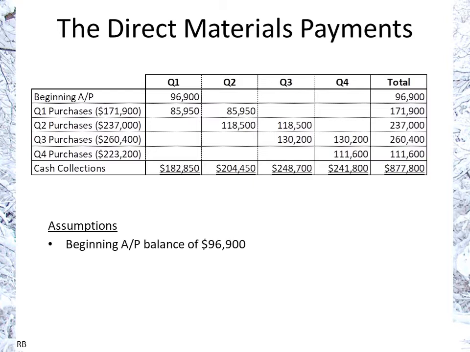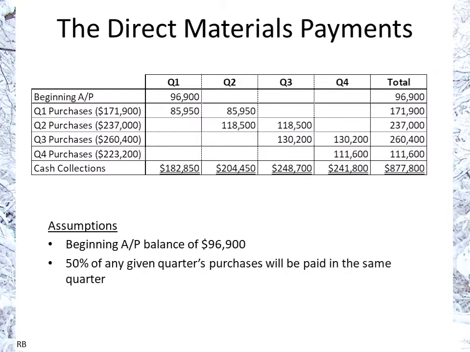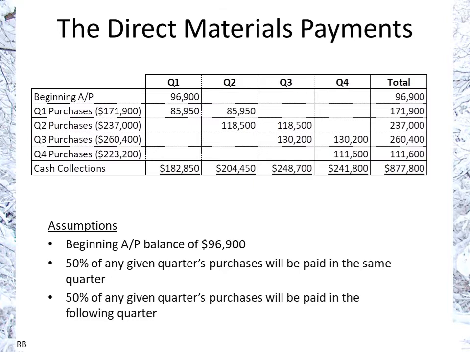And we are assuming across the horizontal axis the times that we'll be making the payments. As you can see here, 50% of any quarter's purchases will be paid in the same quarter, and then 50% will be paid in the next quarter. So as you can see, 171,900, we've got half of it here and half of it there.